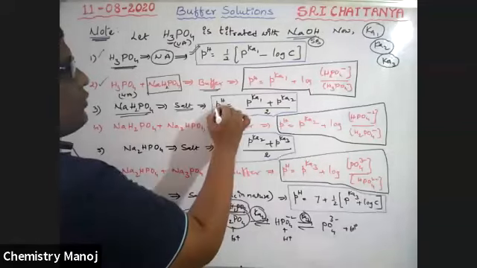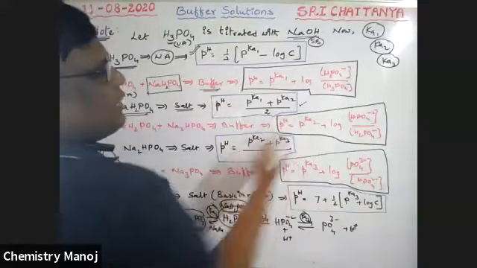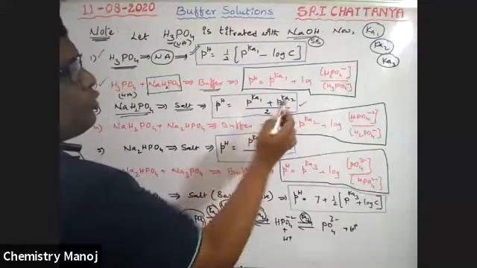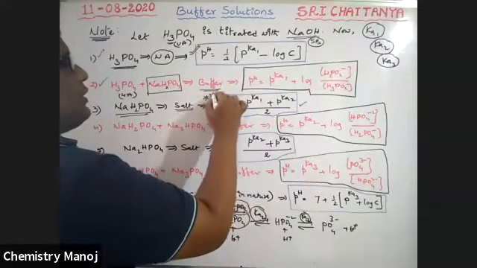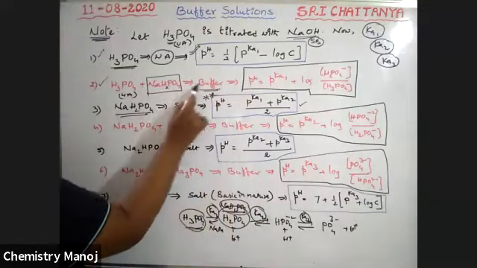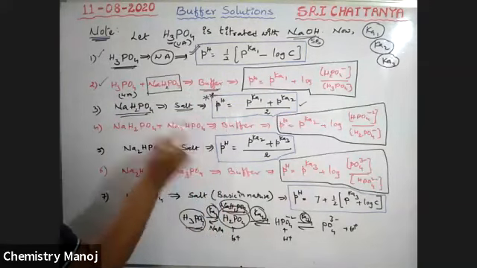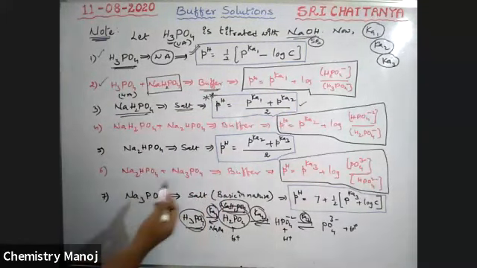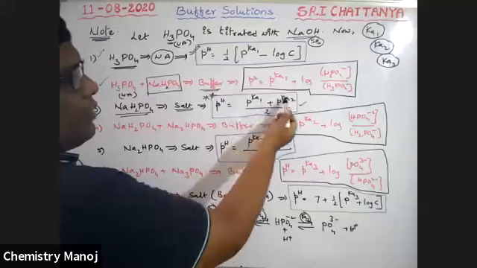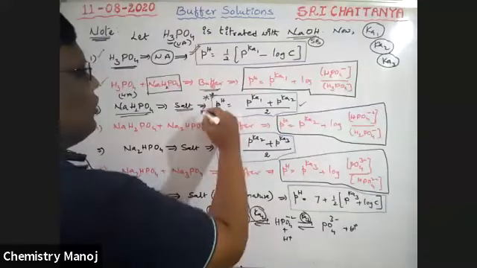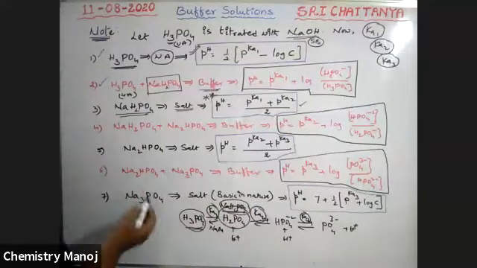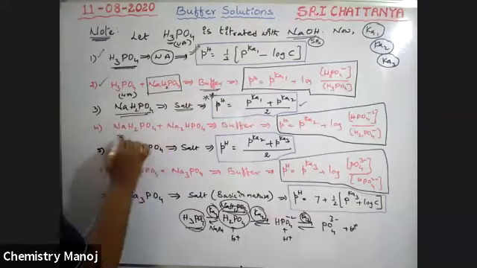That is why for this salt, pH is equal to (pKa1 plus pKa2)/2. Please try to remember, my dear boys: Ka1 is completed, now Ka2 will take place, and that is why it is the average of pKa1 and pKa2.